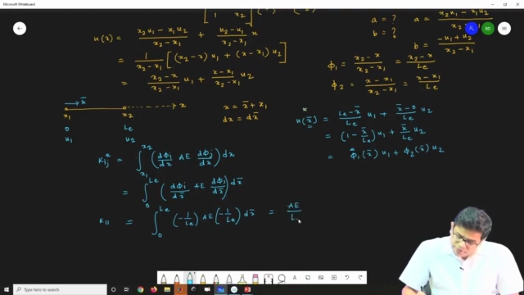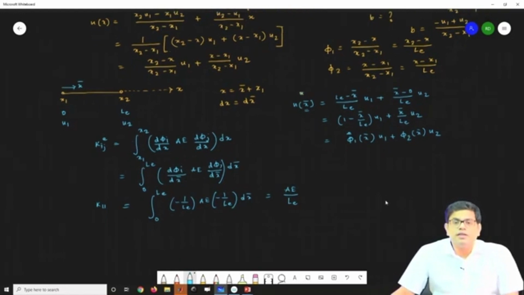If I integrate it, you will find this is AE by LE, the first term of the stiffness matrix.